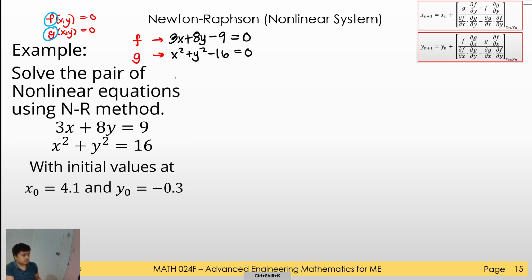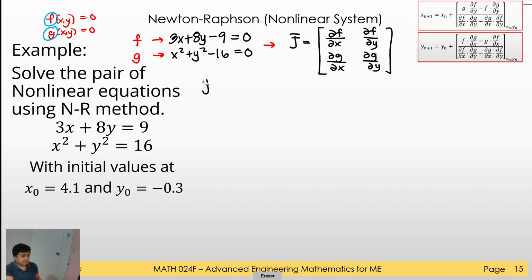And then what's next? We can solve for the Jacobian. To find the Jacobian of your system of nonlinear equations, we want to find the partial derivative of f with respect to x and y. And for the second equation, g, the partial derivative of g with respect to x and with respect to y.